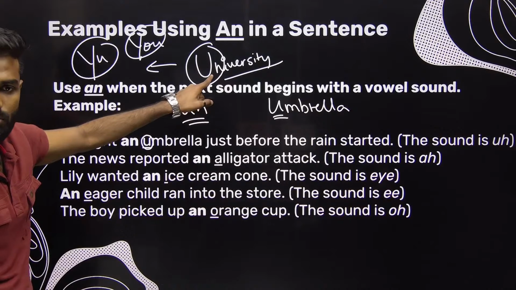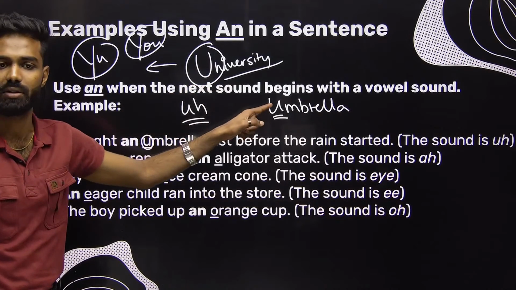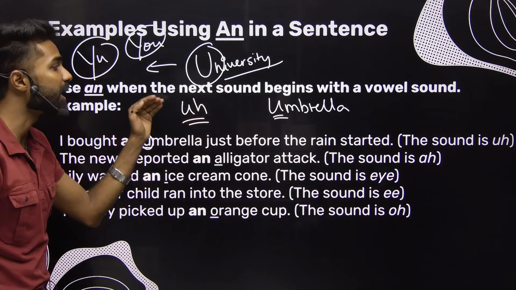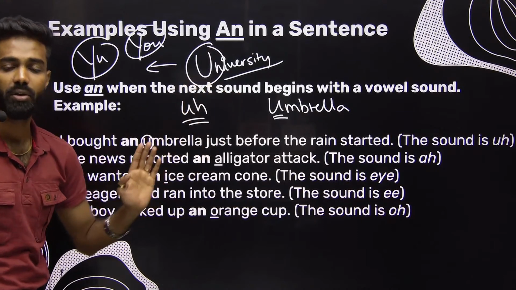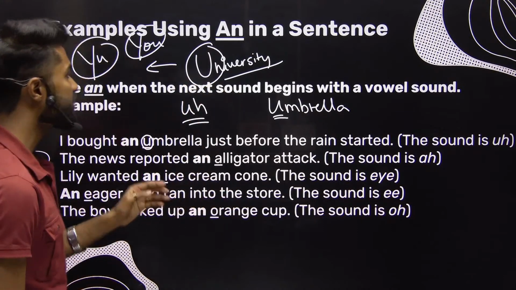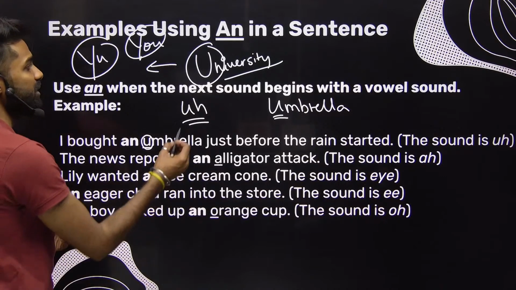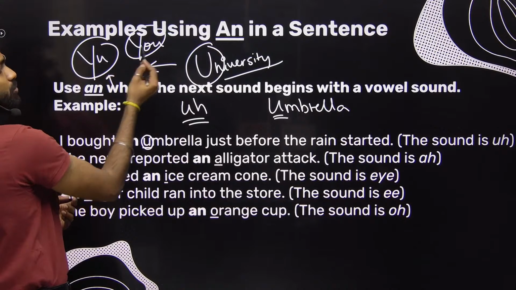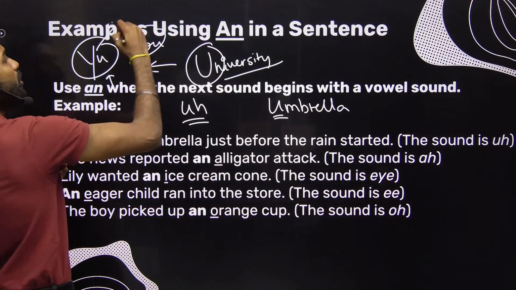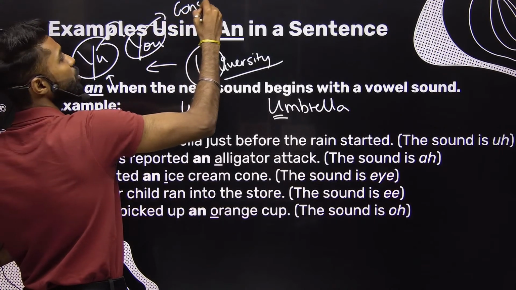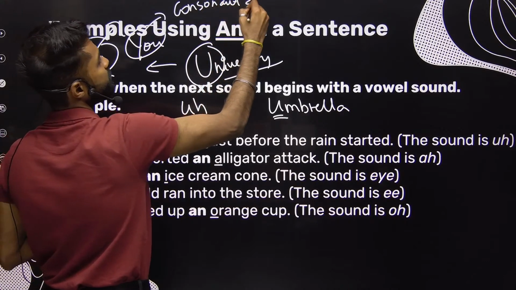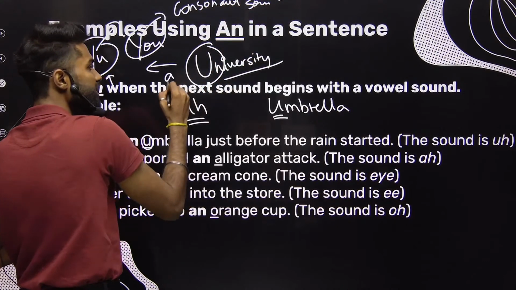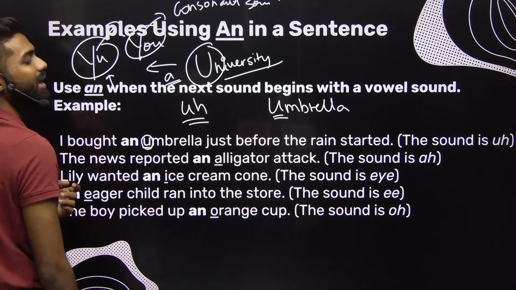But we are not deciding the article according to the letter. Whereas we are focusing on the sound which it is producing. See here, university. Here it is producing my consonant sound. So here I'll be using a university, not an university.